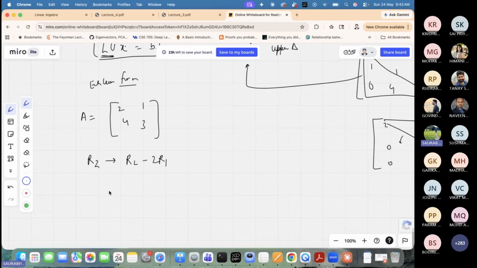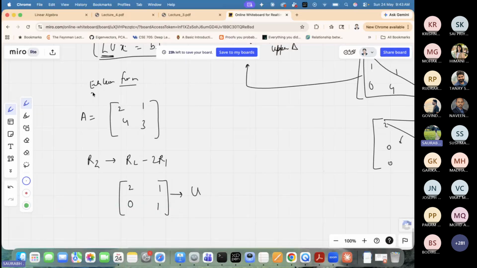And in that case, what would eventually happen? You are going to get 2, 1, 0, and 1. So this is what you will be getting. Now, what type of matrix is this? Do you see a special type of matrix? Exactly, this has become an upper triangular matrix.